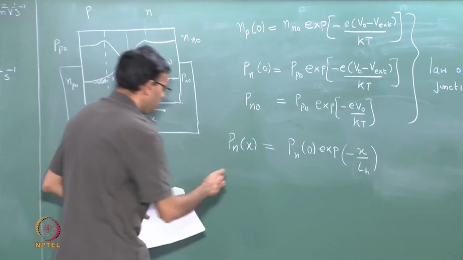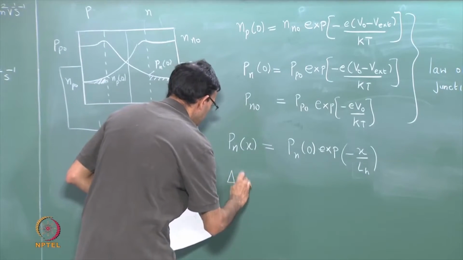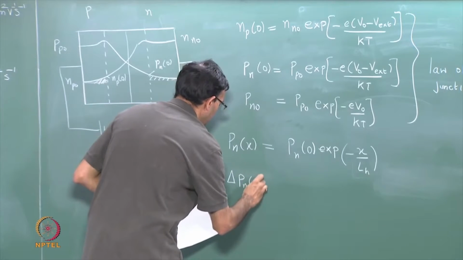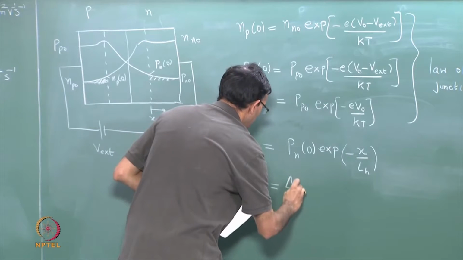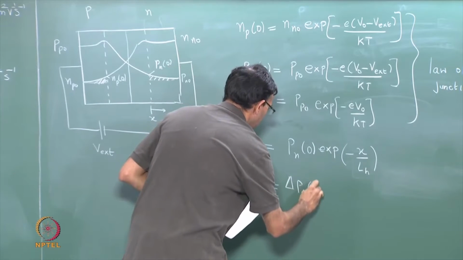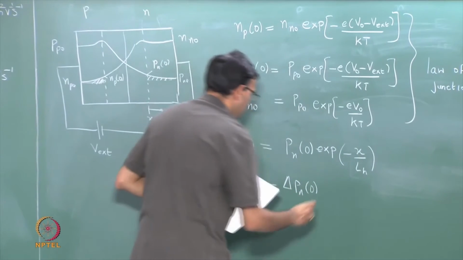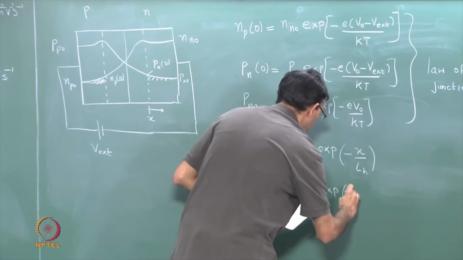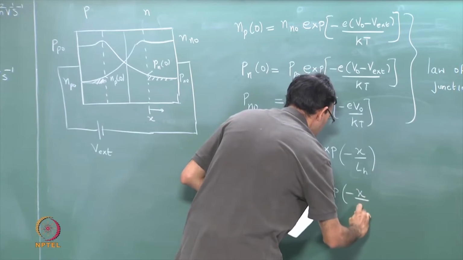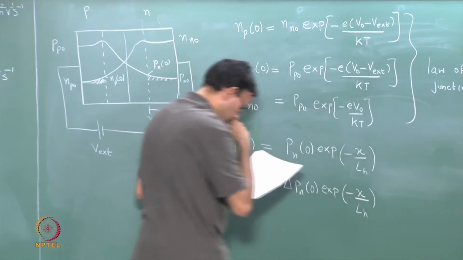You can also write an expression for the excess carriers. So, delta Pn of x, which will be nothing but delta Pn of 0 times exponential minus x over LH.